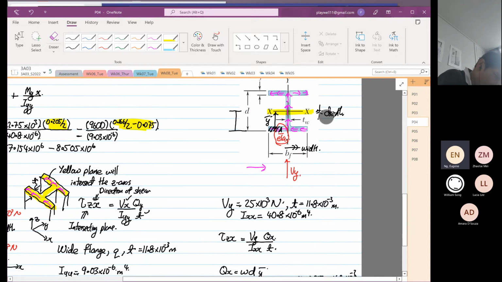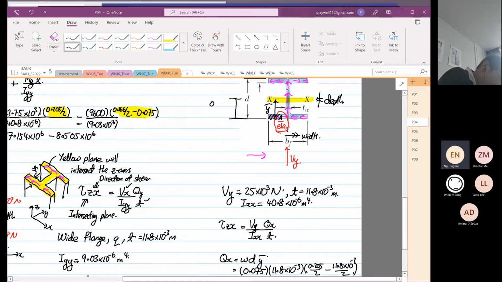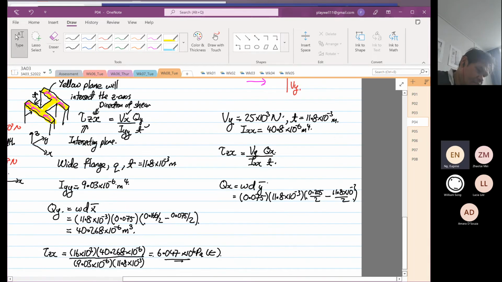This is where we get our 0.205 divided by 2. And then the distance from here to here, this distance that you see over here, is 11.8 times 10 to the power minus 3 divided by 2. And this is the distance of your y bar. Okay, so that's why we do that.